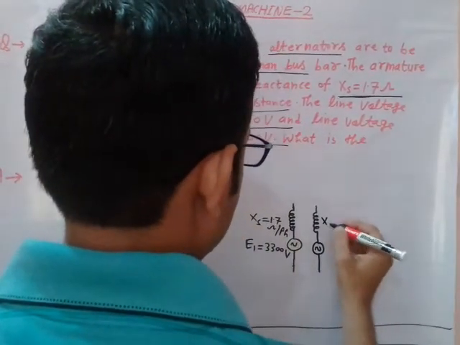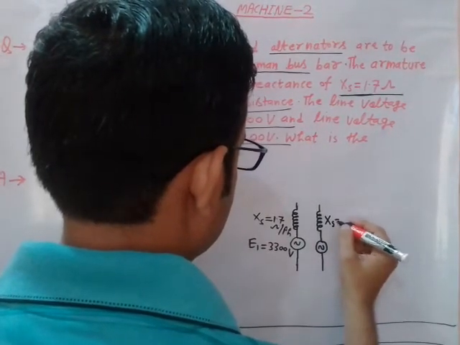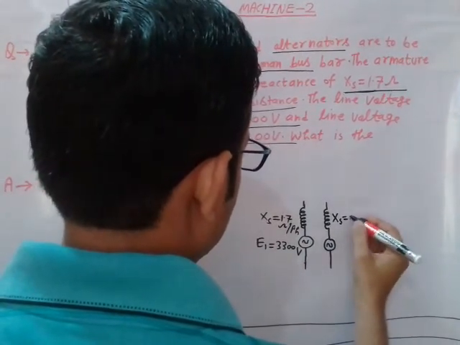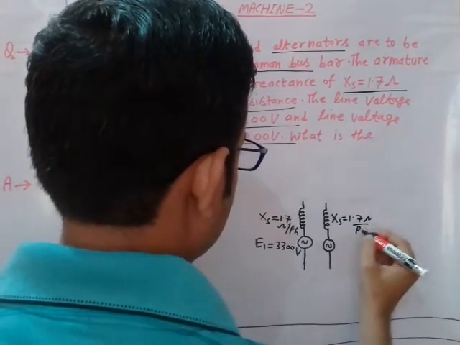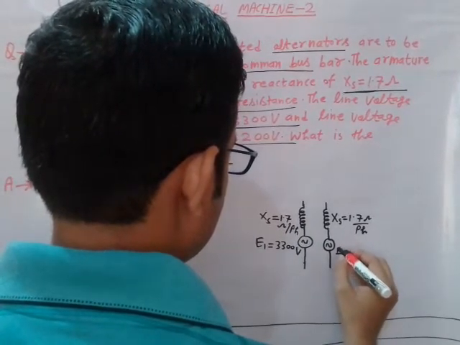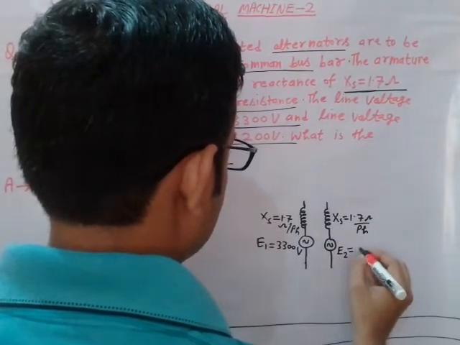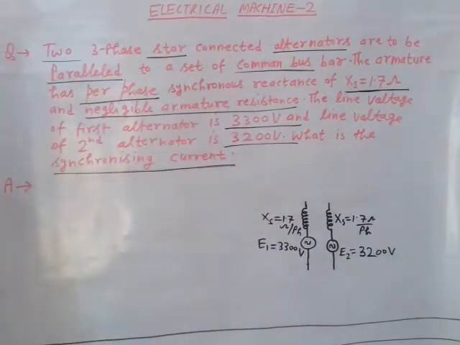This second alternator also has synchronous reactance equal to 1.7 ohm per phase, and line voltage given as 3200 volts.